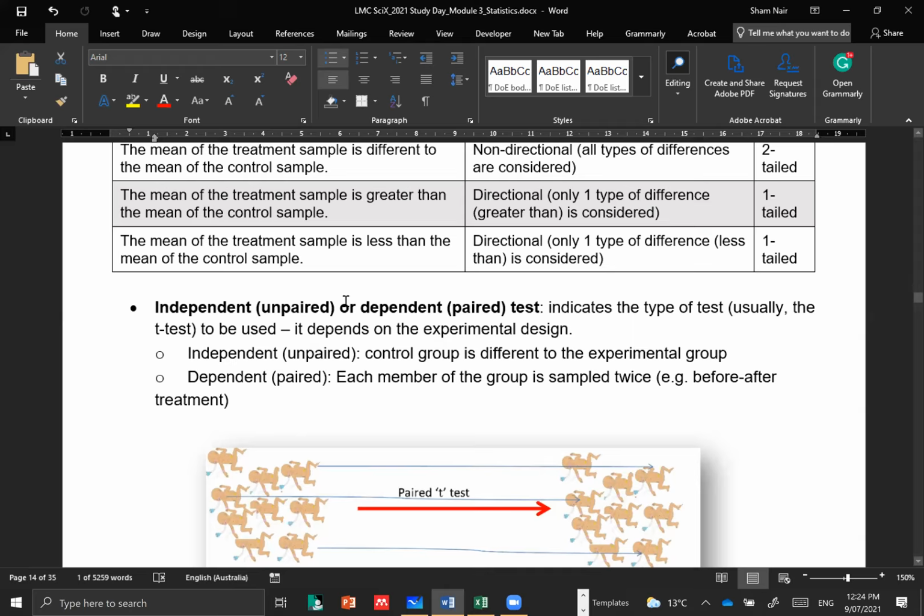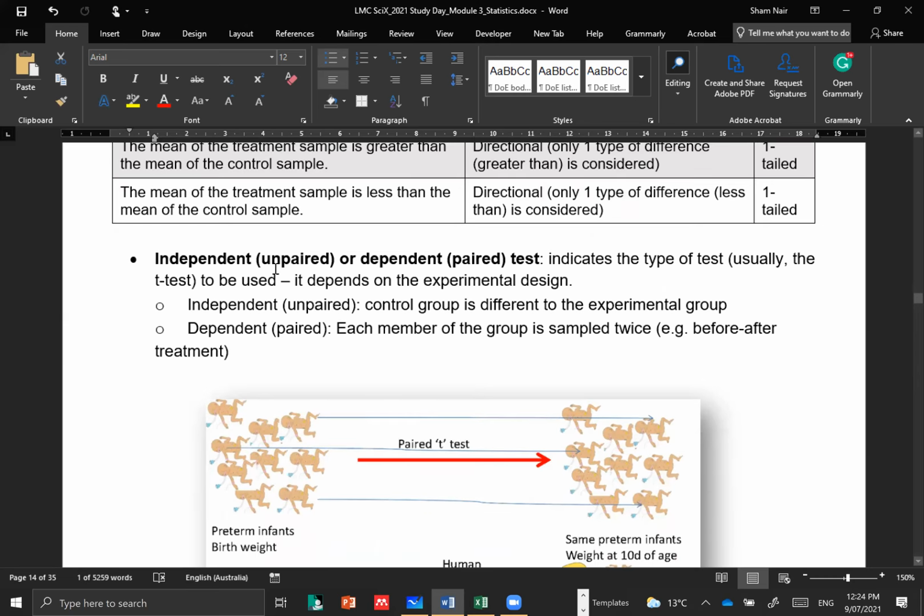I know this is a lot of information. I'm sorry about that, but just to give you an overview of some of the terms that are used in these statistical tests. So what do you mean by paired or unpaired? Another terminology that's used is dependent or independent.